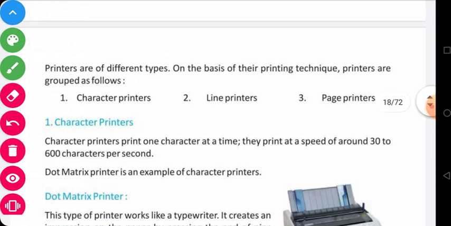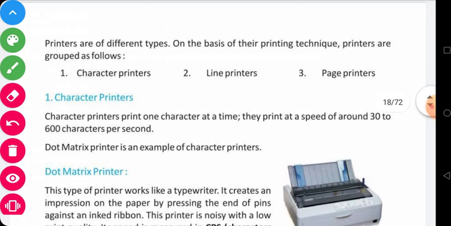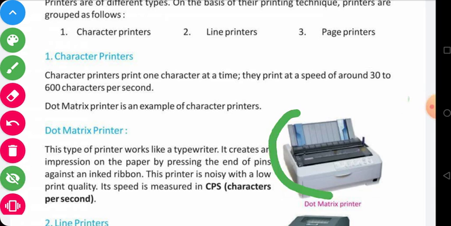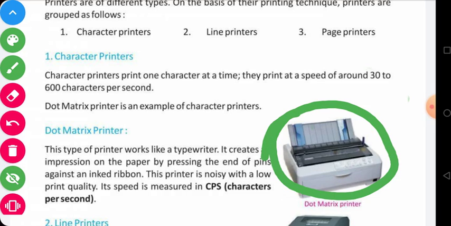As the name suggests, it prints one character at a time and the speed of printing is 30 to 60 characters per second. An example of a character printer is the dot matrix printer. You can see the example of a character printer. This is called a dot matrix printer and it prints character by character.